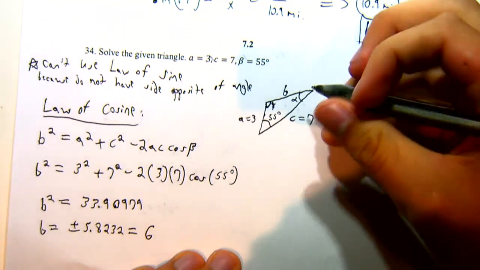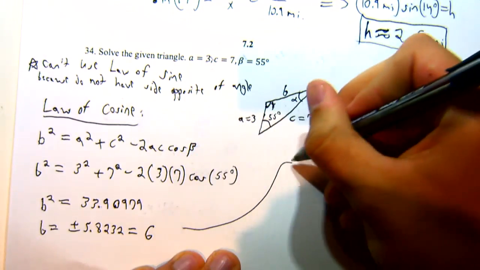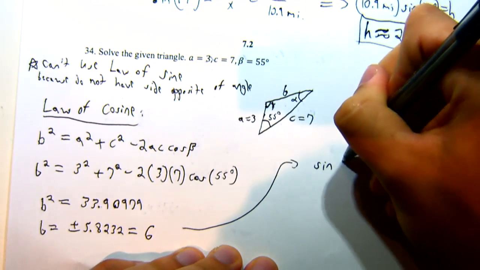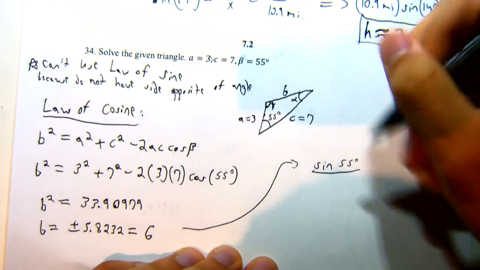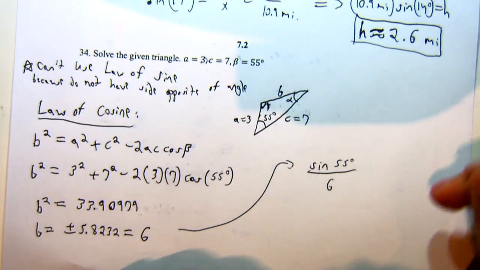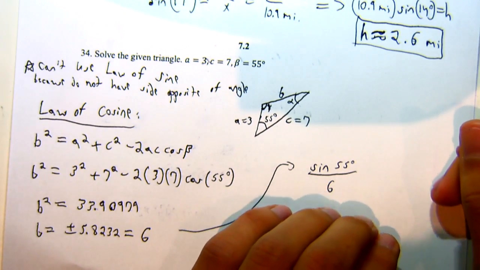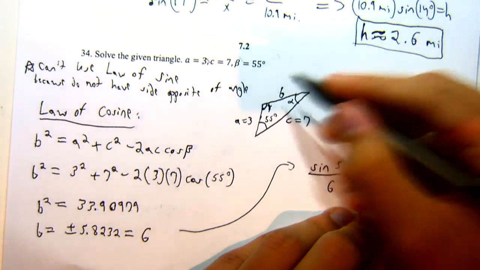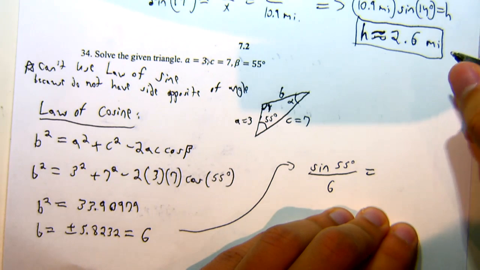Alright, so now what we can do is take sine of 55 degrees over 6, and we can use it to find angle alpha and angle gamma.